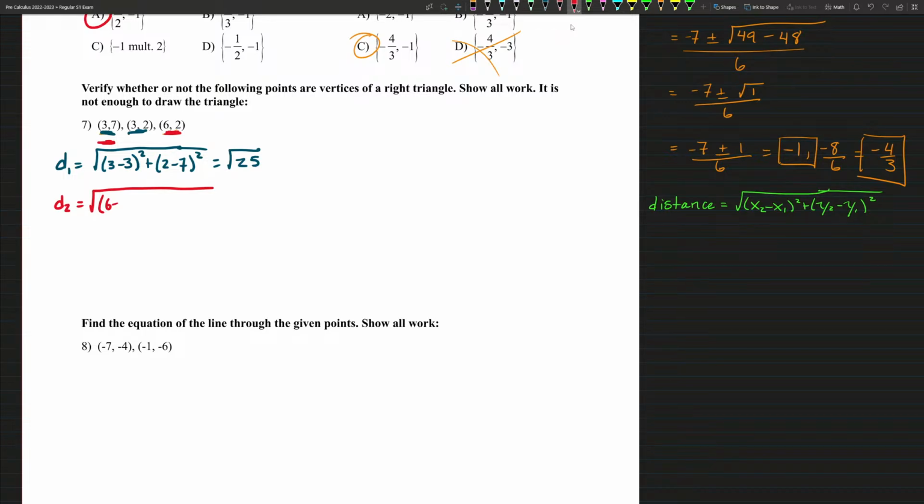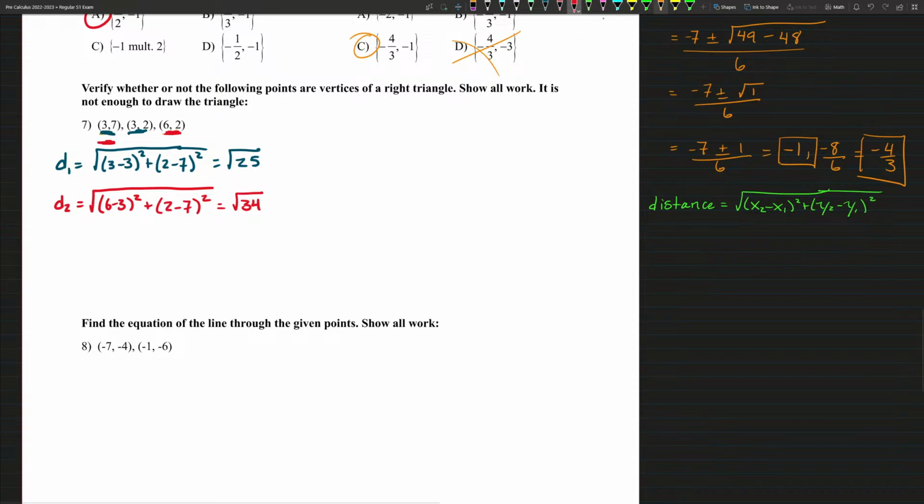So we get 6 minus 3 squared plus 2 minus 7 squared. So that's 9 plus 25, which is rad 34. Yeah, 3 squared is 9. 5 squared is 25. 25 plus 9 is 34. Great.